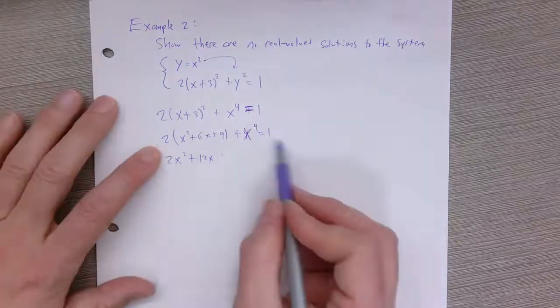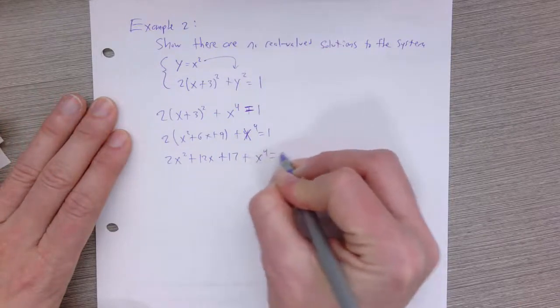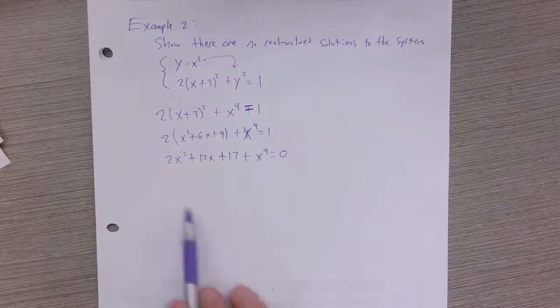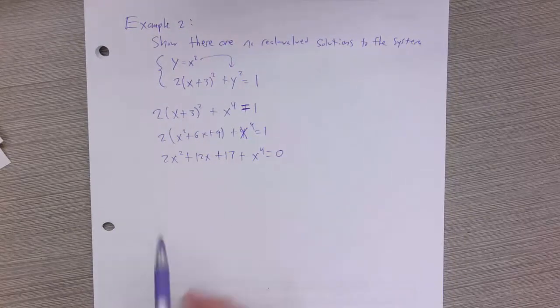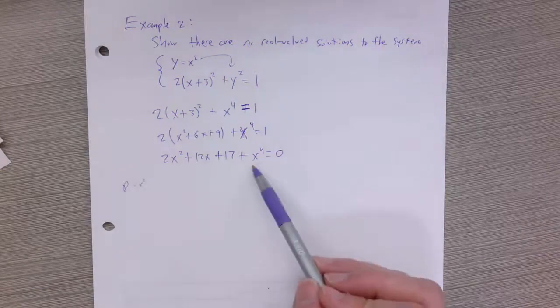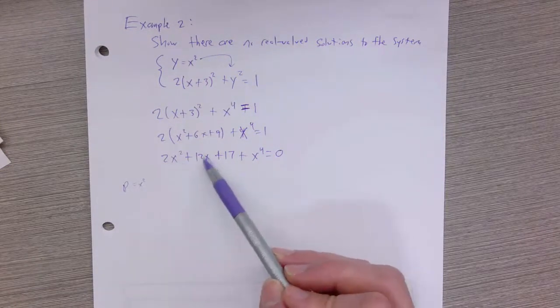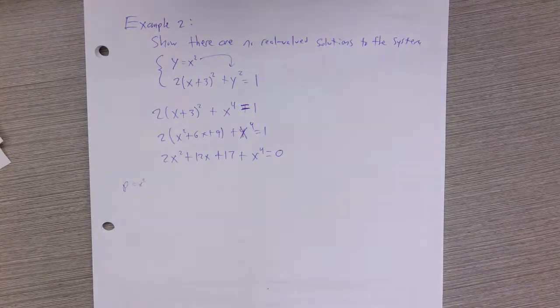This is 18 minus 1 is 17. And then x to the 4th equals 0. Okay, so will the same trick as example 1 here work? I could define p equals x squared, but the problem is here we'd have p squared, here we'd have p, but then this one would be square root p, and that doesn't really help us. Or, I mean, you could fiddle with it, but I don't think it really helps us.